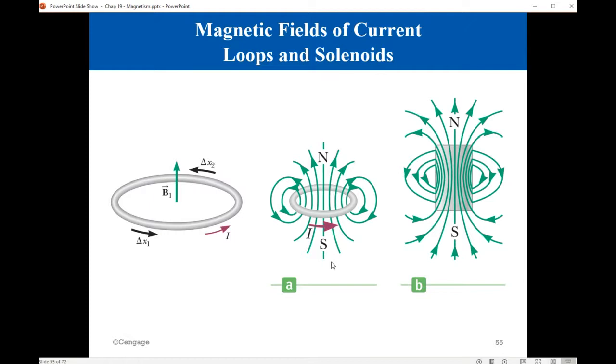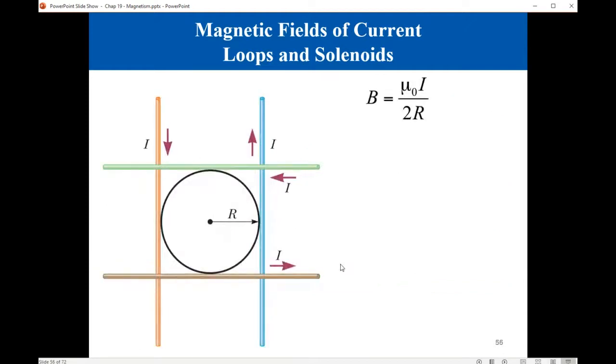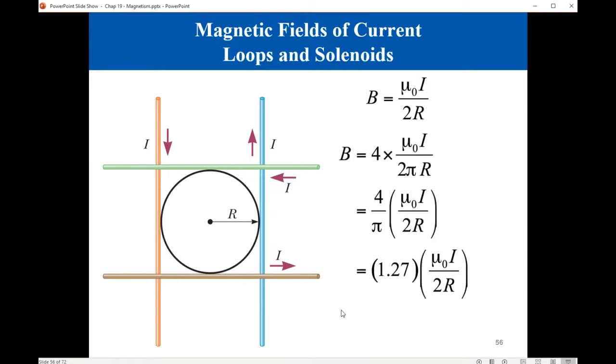So we may use more than one coil. In that case, we get a solenoid. So the field at the center of the solenoid can be calculated. We are using this approximation method, as if we have four wires. Each wire will have a field of mu naught I divided by 2 pi r.